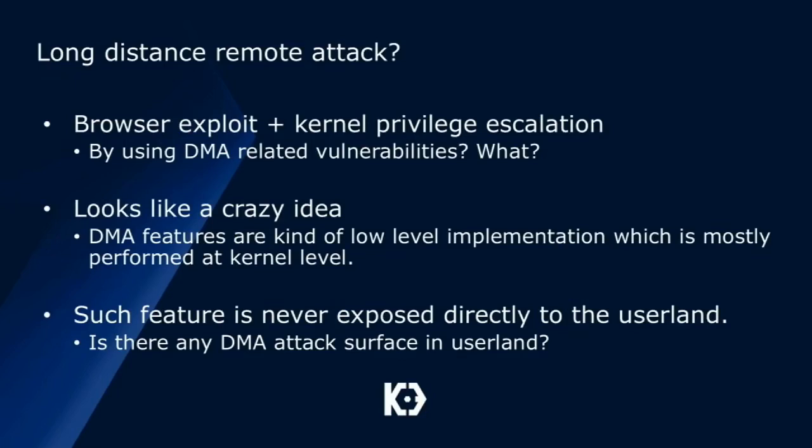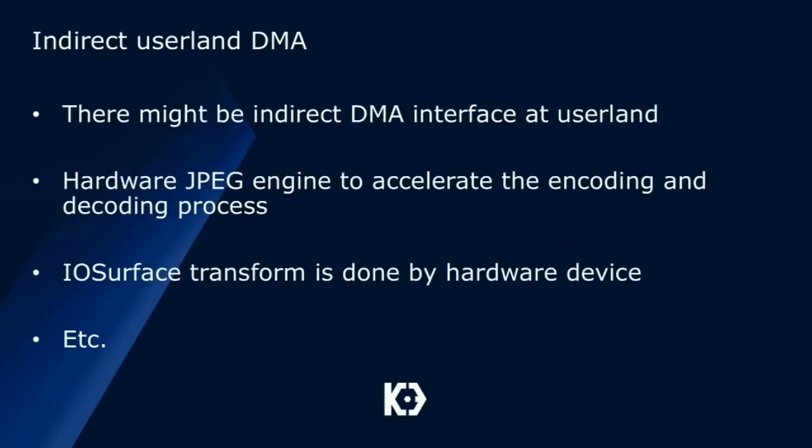That looks like a very crazy idea because the DMA features are very low-level implementations, mostly performed at the kernel level or the device level. It is not exposed to Userland directly, for sure. But it is still possible to think about it because there might be some indirect Userland DMA on iOS.